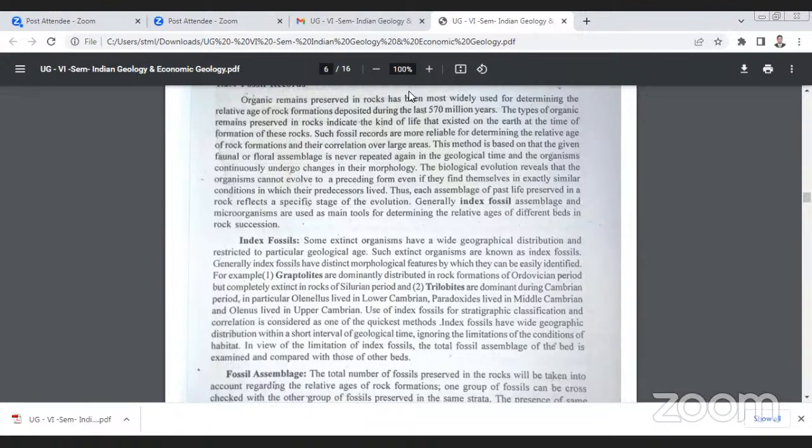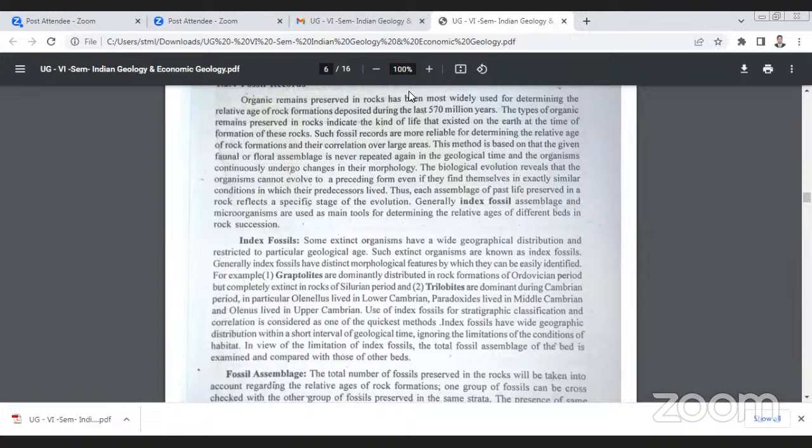They lived from the Ordovician period up to the Silurian period. So these graptolites were restricted to that age only.